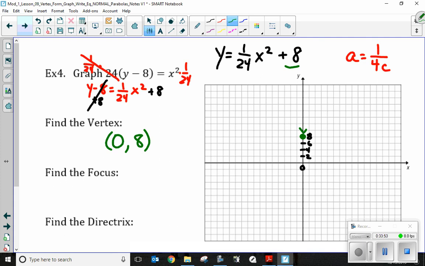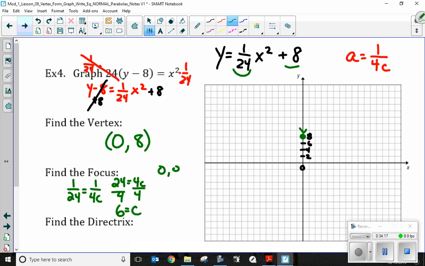Now the focus. I take my a value, which is 1 over 24, and I set it equal to 1 over 4c. So 24 equals 4c. If I divide by 4, 6 is my c value. So my focus, and that's a positive 6, is 6 up from the vertex.